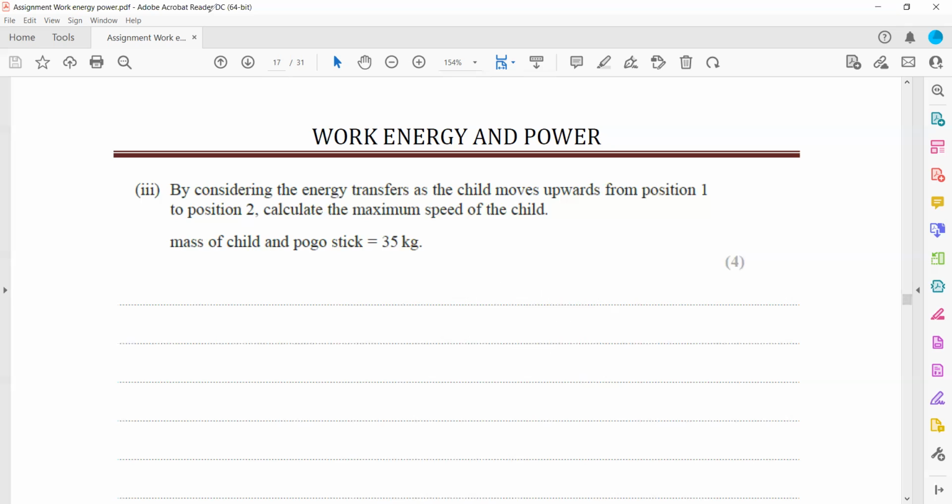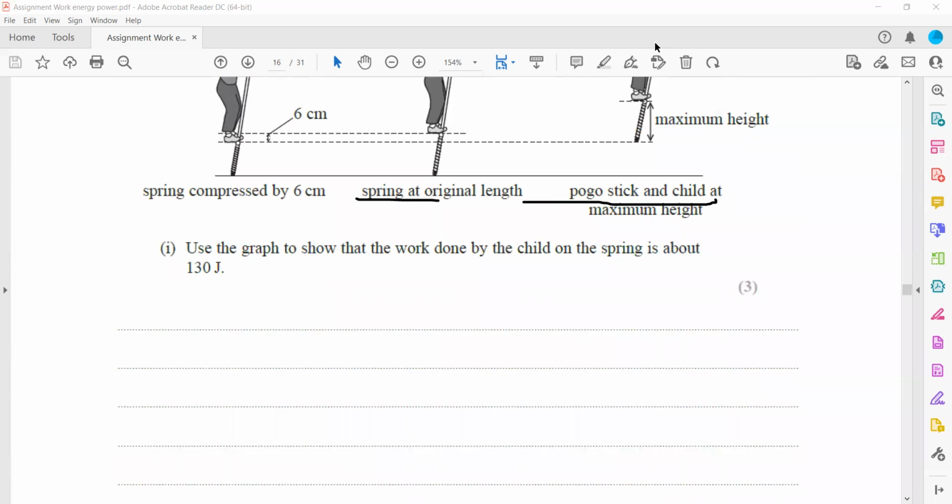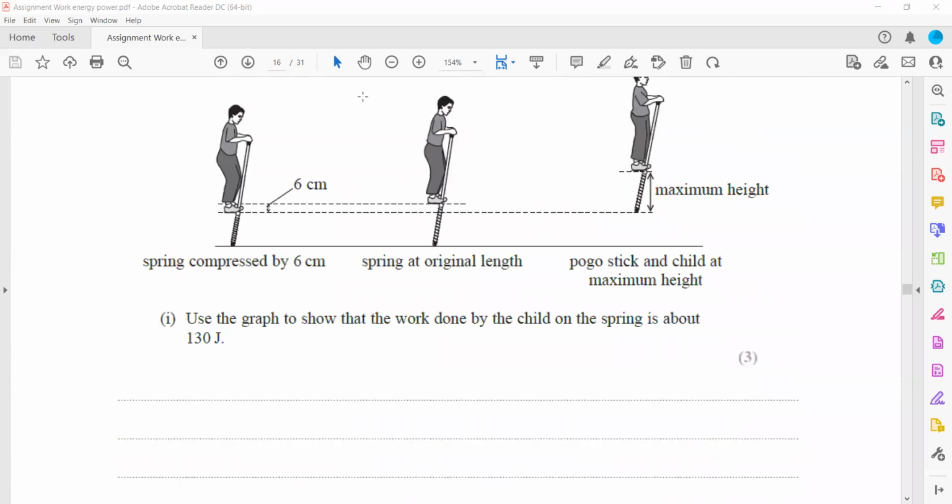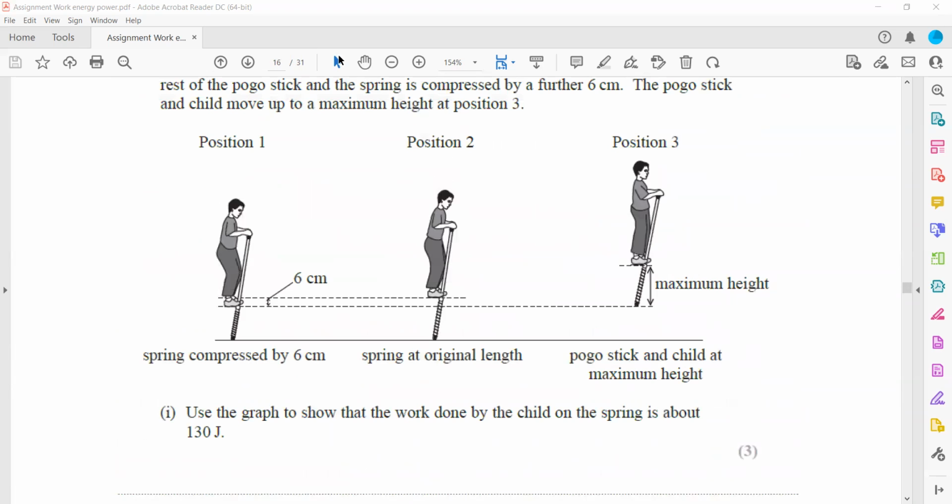So by considering the energy transfer as the child moves upward from position 1 to 2, we have to calculate the maximum speed. And remember what height we will take. See, he moved 6 centimeter, so 6 centimeter means we will take that as 0.06 meter.